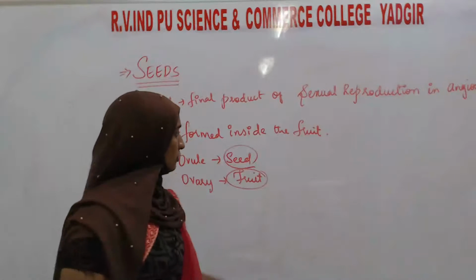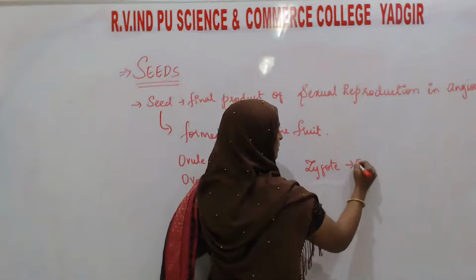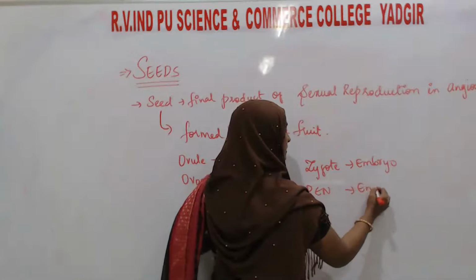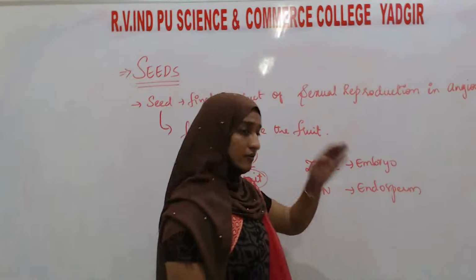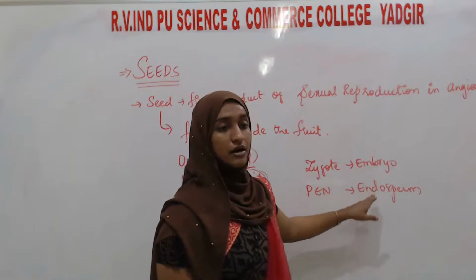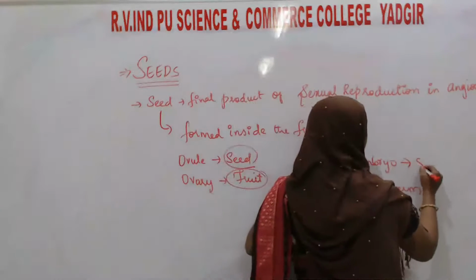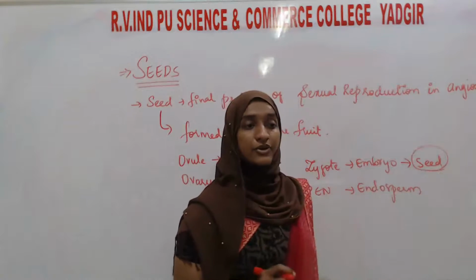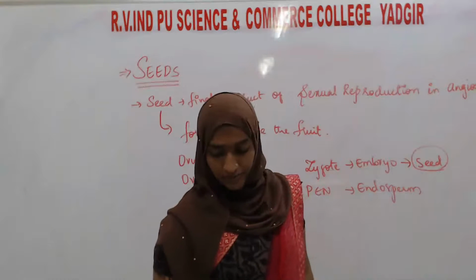The zygote develops into the embryo, and the primary endosperm nucleus develops into the endosperm. Endosperm is a nutritive tissue which helps the developing embryo, providing nutrients to the embryo that will develop into the seed.